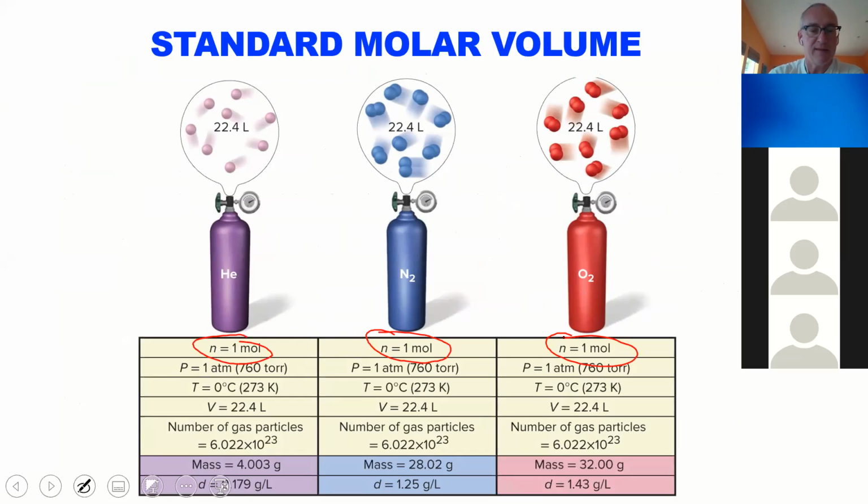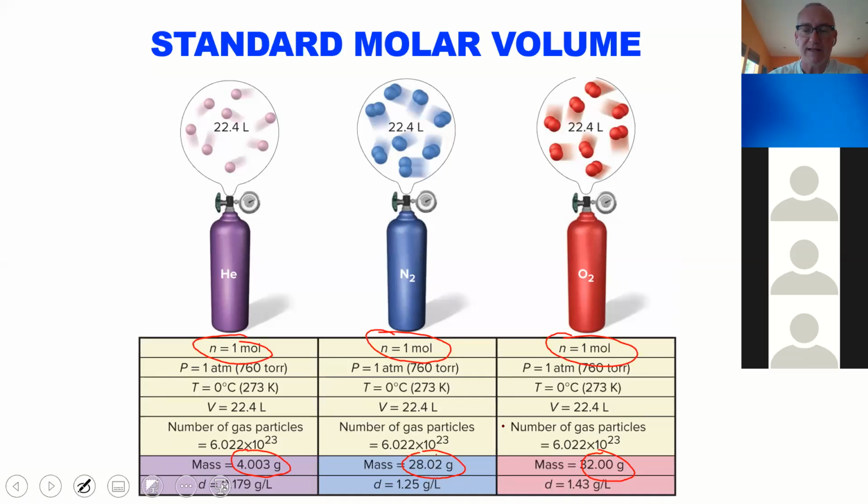Helium weighs 4 grams per mole, nitrogen 28 grams per mole, oxygen is 32 grams per mole. It doesn't matter what the mass is, because the distance between those molecules is so large, the mass of the molecule in the middle doesn't really matter. It's the distance between them that really matters.